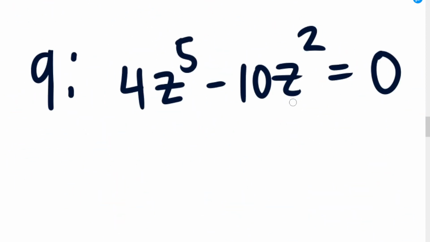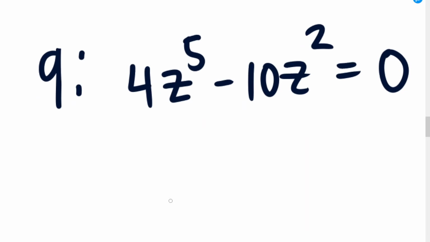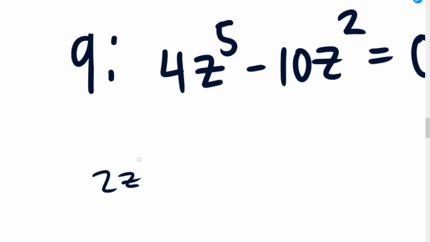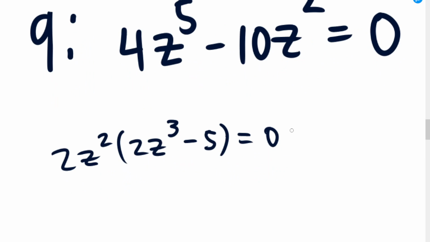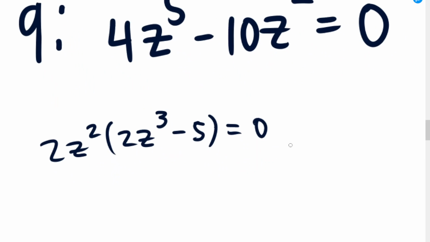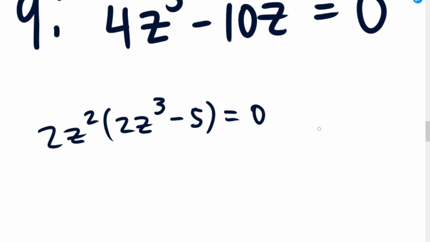Very similar, we're going to take out the greatest common factor, which is 2z squared, which leaves us with 2z cubed minus 5 equals 0. Now this one's a little trickier. Is there an easy way to factor this? I don't think there is.